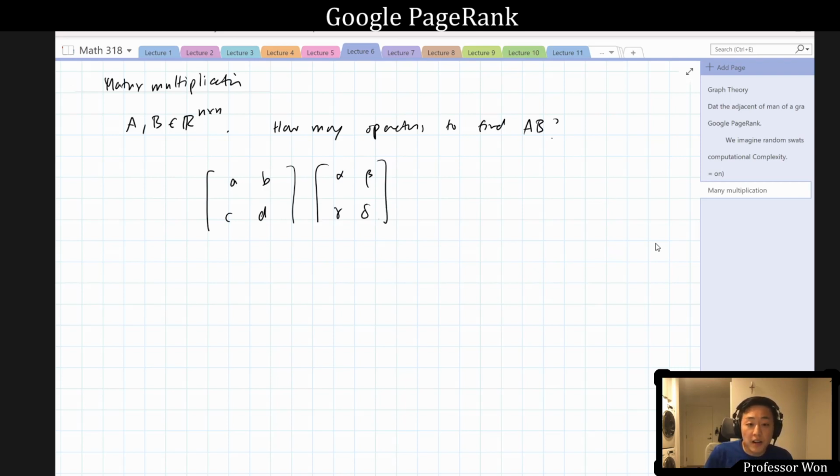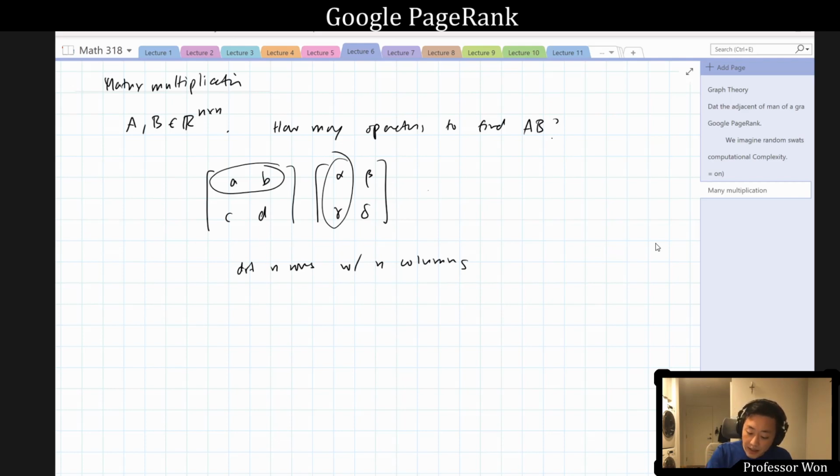When you want to find the product of these matrices, you have to dot every row of A with every column of B. So there's two rows of A, there's two columns of B, so you need to dot n rows with n columns, and then each of those dot products takes n multiplications.